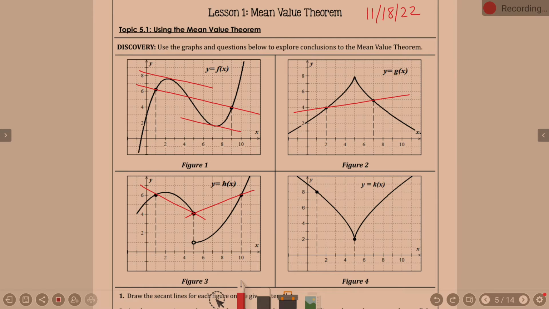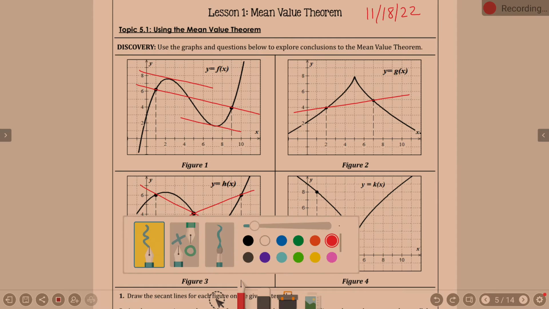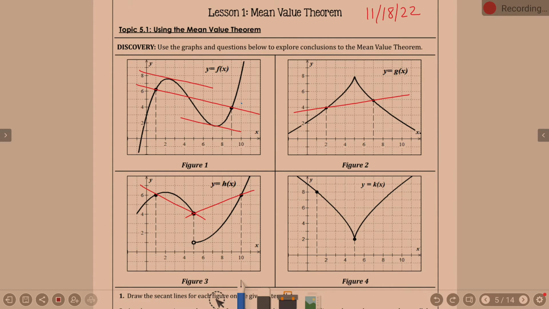Okay, something like that, right? With the idea that this middle guy is my secant line, these other 2 are my tangent lines, and I just drew it on the specific part of the graph where it's tangent. I focused more there. It's not that you can't draw as long as you want.